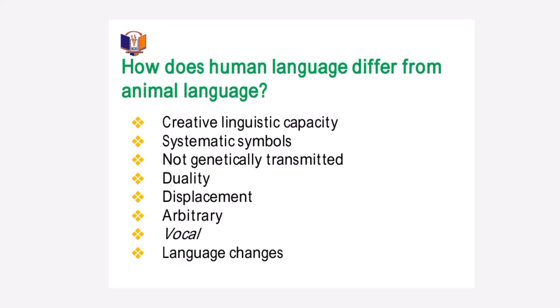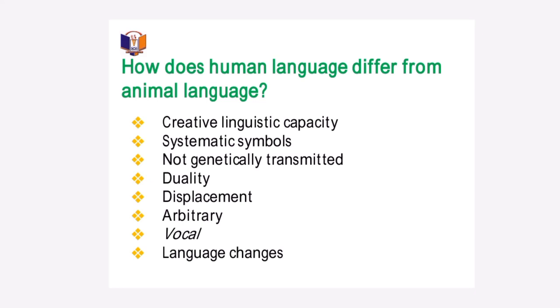If you take that child away and put her in an environment where only Hausa is used, or where only Spanish is spoken, or where only German is used on a day-to-day basis, that child ends up acquiring the language that he or she has been exposed to. Therefore, we say that human language is not genetically transmitted.